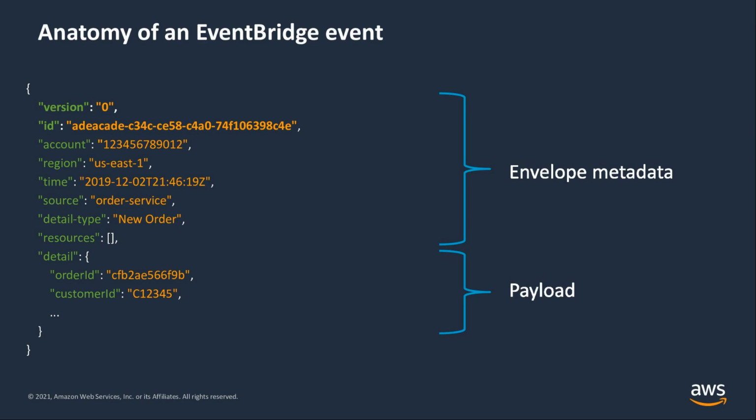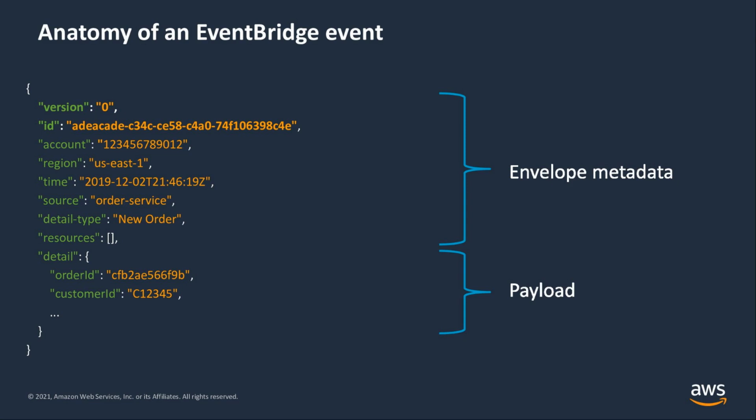You see other values here like detail type. You can see this is a new order. And these help identify, in combination with the source field, which here is the order service, the different fields and values that appear in that detail field.